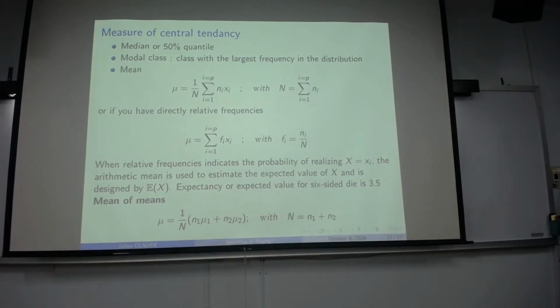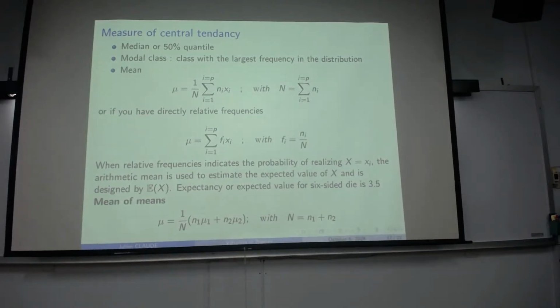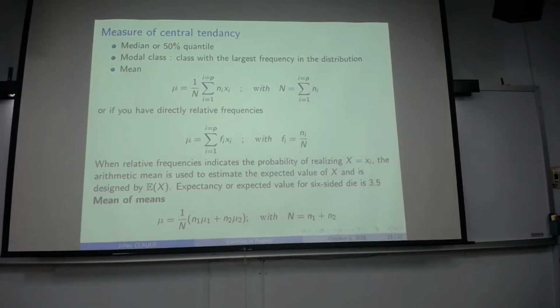So this is the average value of all the values you can obtain with the die. If the die is correct. If the die is a special one, you can change the expectancy and you can win money with a special one. But I don't teach you that.